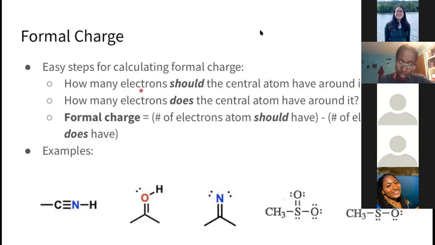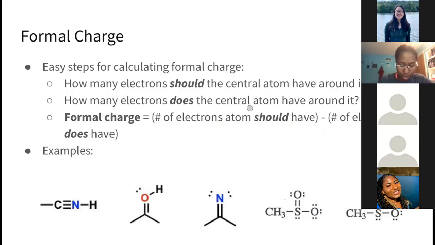That's the amount of electrons the central atom should have around it, or the amount it wants to have around it to be stable. Next, you can consider how many electrons the central atom, or whichever atom you're looking at, does have around it. You do that simply by looking at the example problem. And then the formal charge on that atom is equal to the number of electrons the atom should have minus the number of electrons it does have.